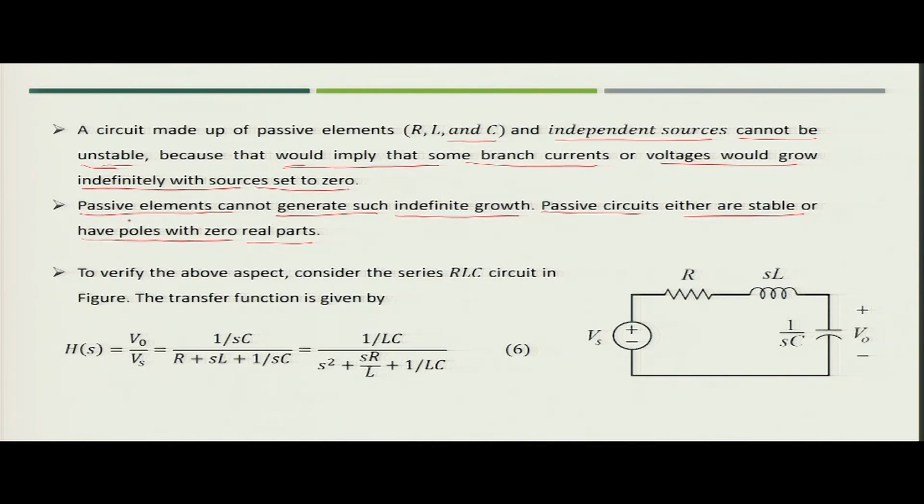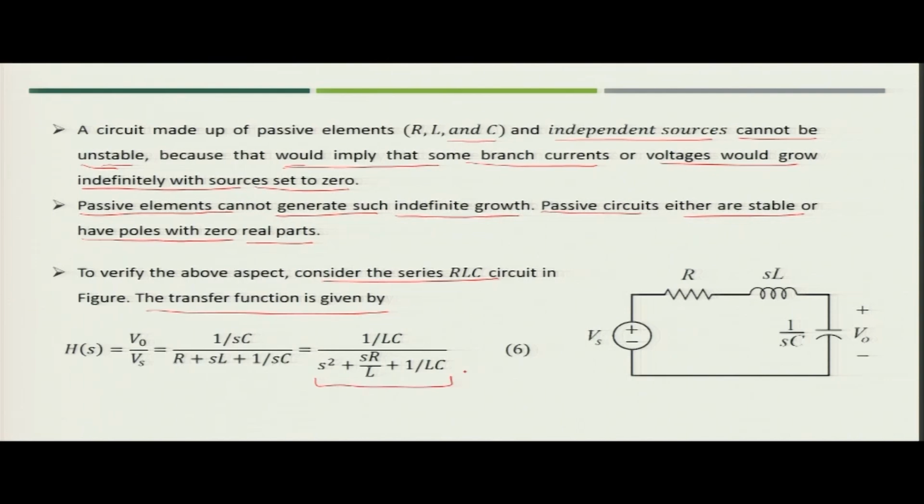What does it mean? We will discuss it when we see this particular example. Let us see this case. If you have a series RLC circuit, the transfer function can be given as H(s) equal to V naught by Vs. If you compile the ratio between V naught and Vs, you will see one expression in the denominator, that is s square plus s R by L plus 1 upon LC.